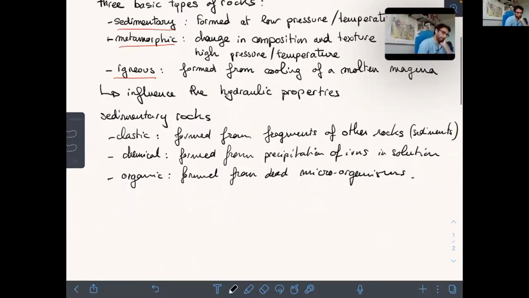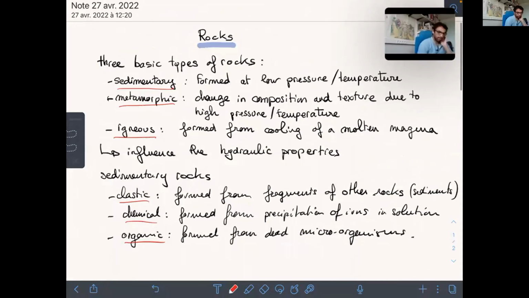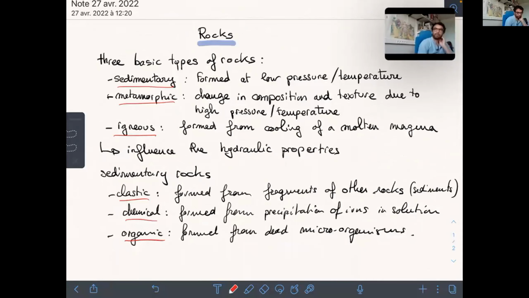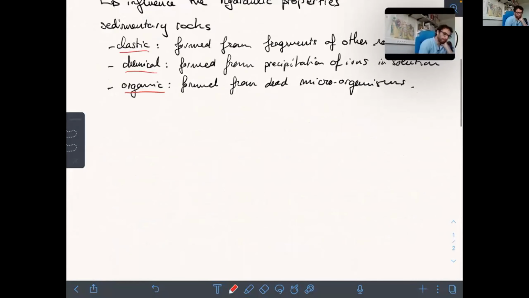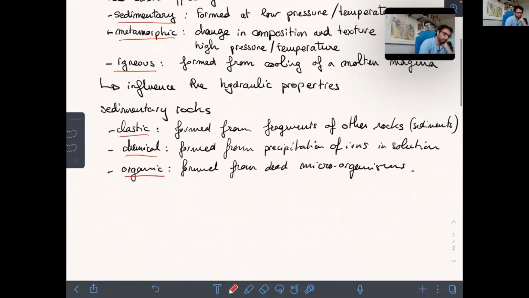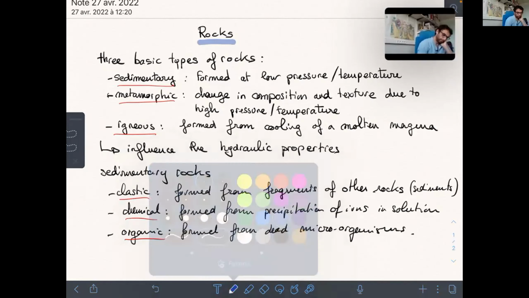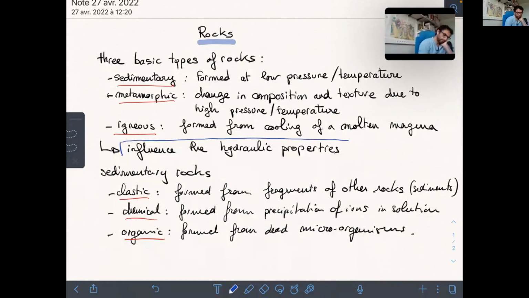So don't hesitate if you have any question or comments. So these are the main types of rocks that we deal with when we have reservoirs in the subsurface. So now, okay, what maybe you can tell me either in the chat or with the sound. So for this question here, how do they influence the hydraulic properties?